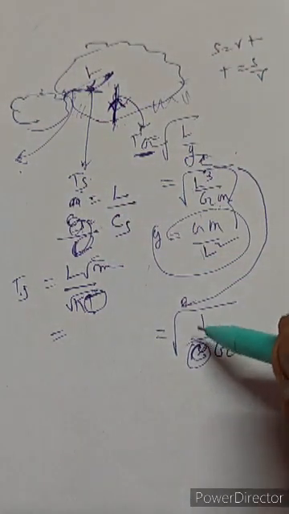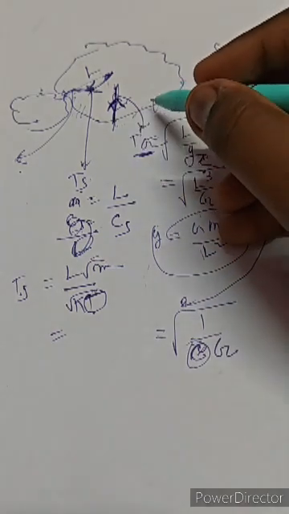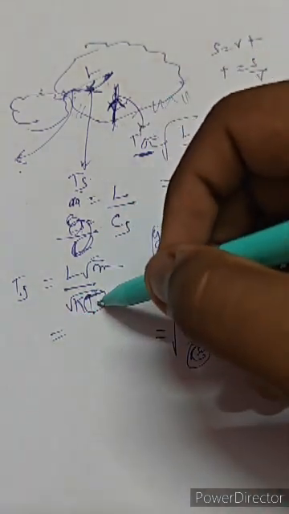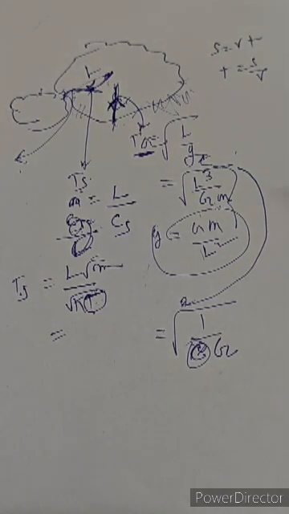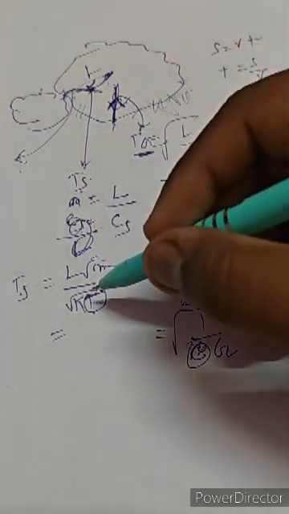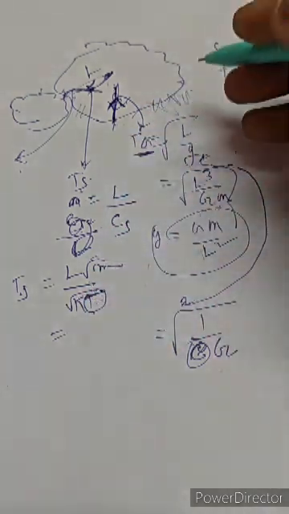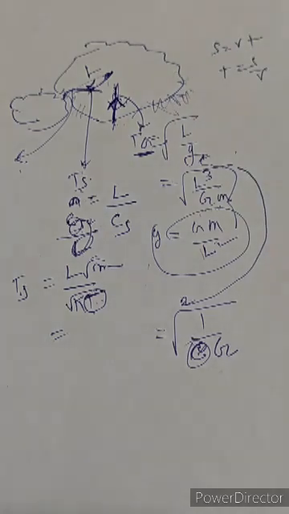So as density increases, it collapses. As temperature increases, it oscillates. So in the sun, we see the temperature is very high, so it is in the oscillation period, not in the collapse period.